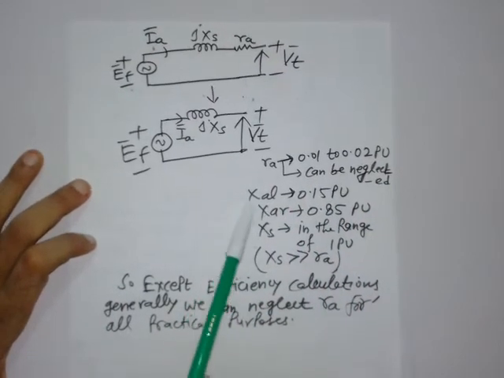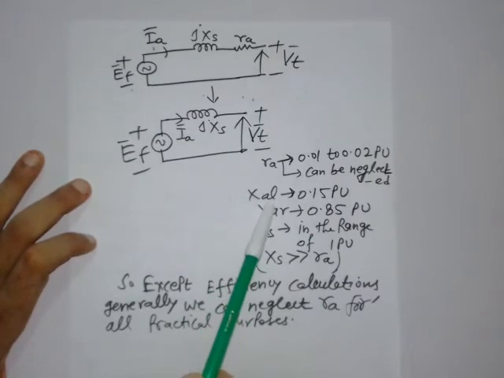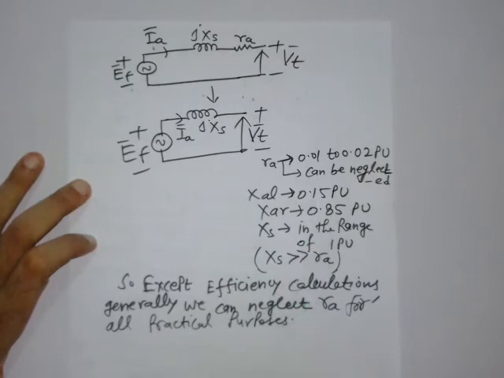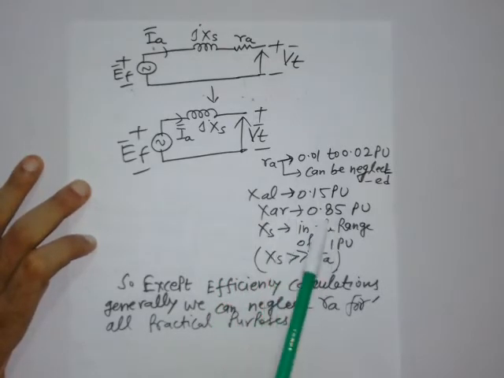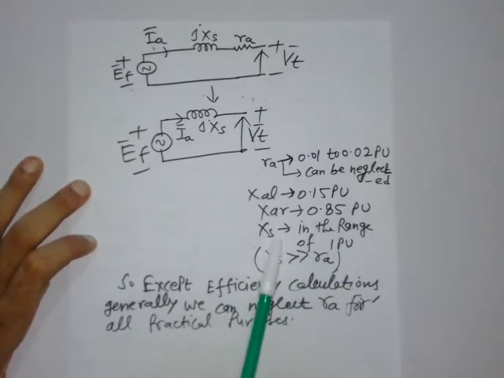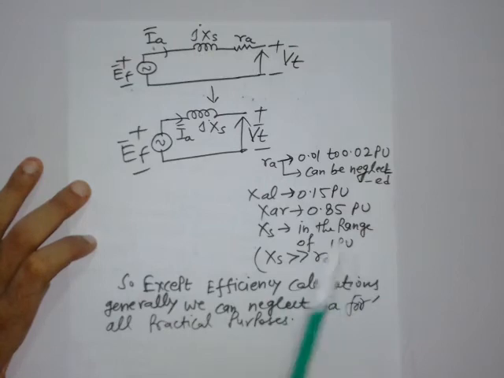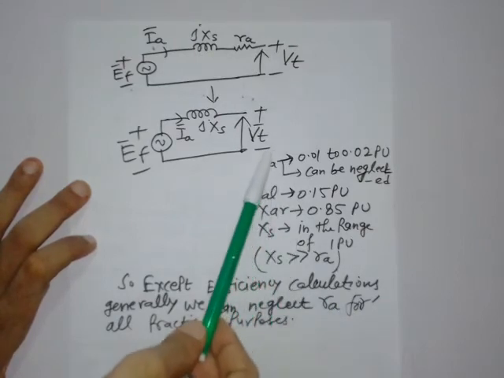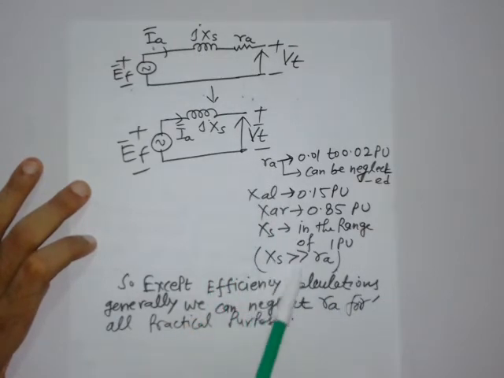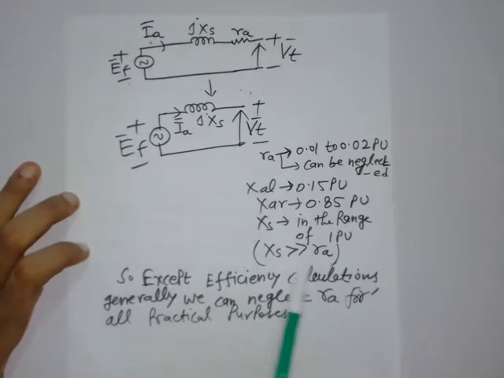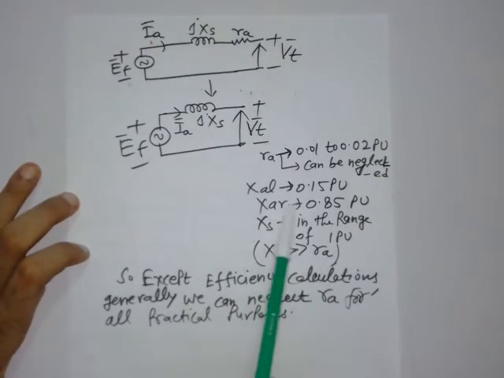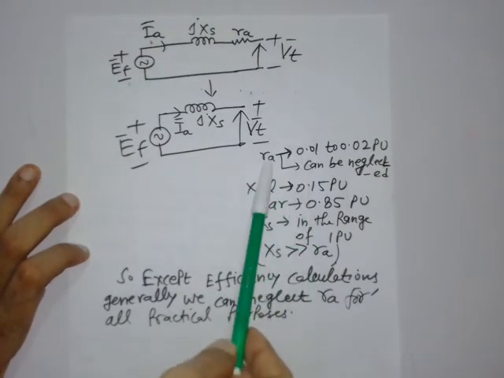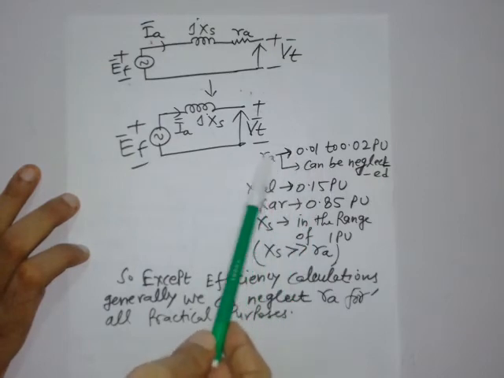But the armature leakage reactance is of the order of 0.15 per unit. The armature reaction reactance is of the order of 0.85, so XS will be in the range of 1 per unit. Now if you compare RA and XS, XS is very much greater than RA, almost 100 to 200 times more.